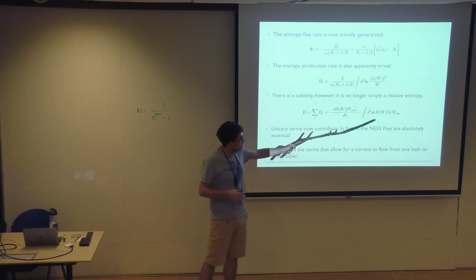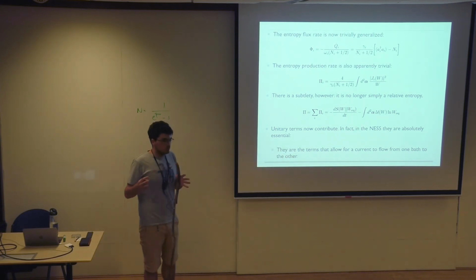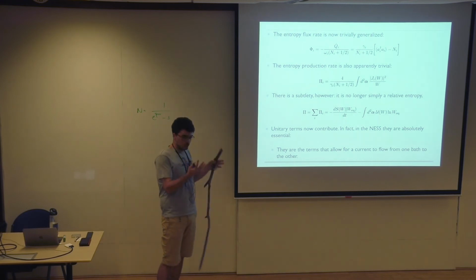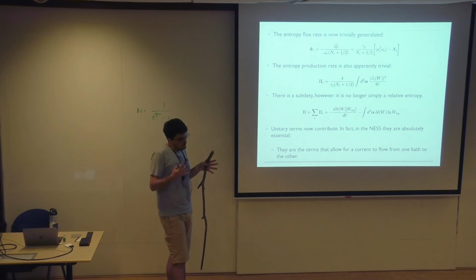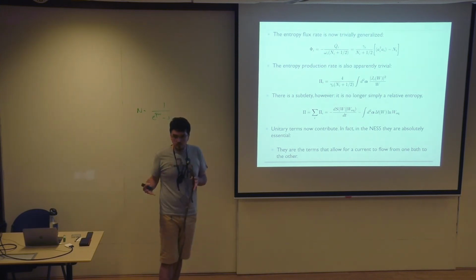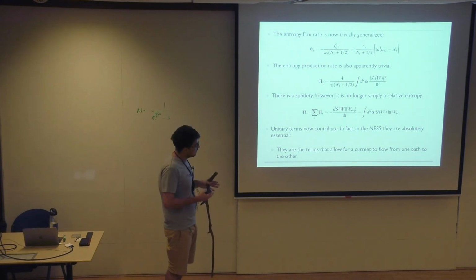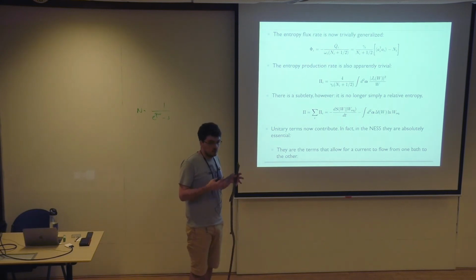And this guy depends on the unitary. So in a sense, it's a bit surprising, because usually we associate unitaries with reversible dynamics. So it's a little bit weird that we have here a unitary term appearing in the entropy production. However, the point is that the entropy production only exists because there are currents from one BEF to the other. And these currents exist because of the unitary connections.